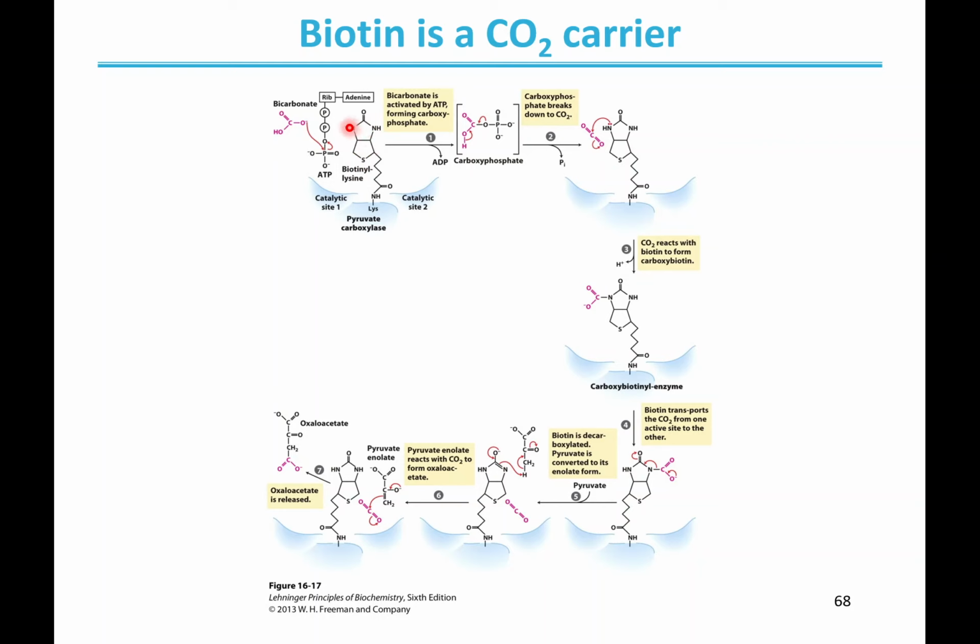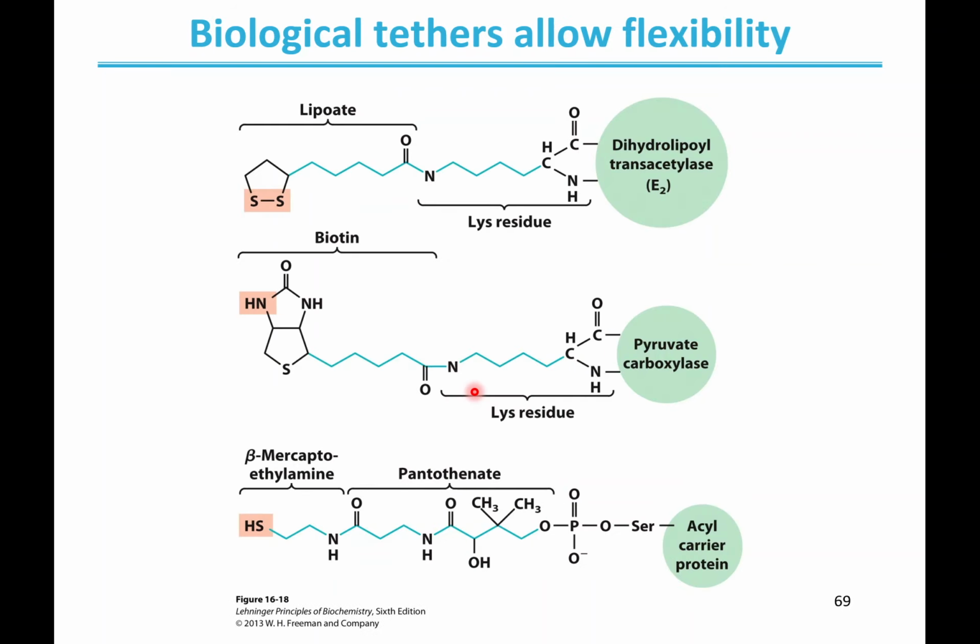The important part here is these nitrogen groups. Those can be used to grab a CO2 group and transfer that CO2 group to something else. And in this case, you're transferring it to pyruvate to make oxaloacetate.